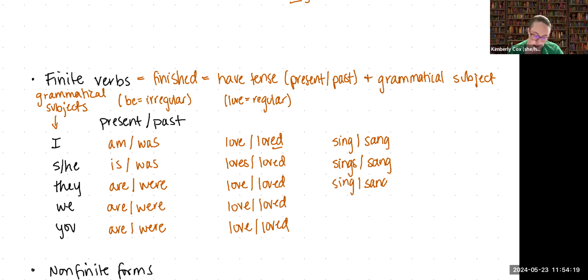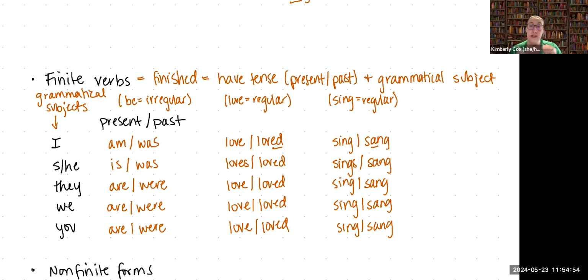We sing or sang. You sing or sang. So sing as a base form is still regular in that we can anticipate how it will be conjugated or how the tense will be changed. It's just not going to happen with the ed. Instead, we're changing that I to an A. So in that way, it's a little bit more irregular.